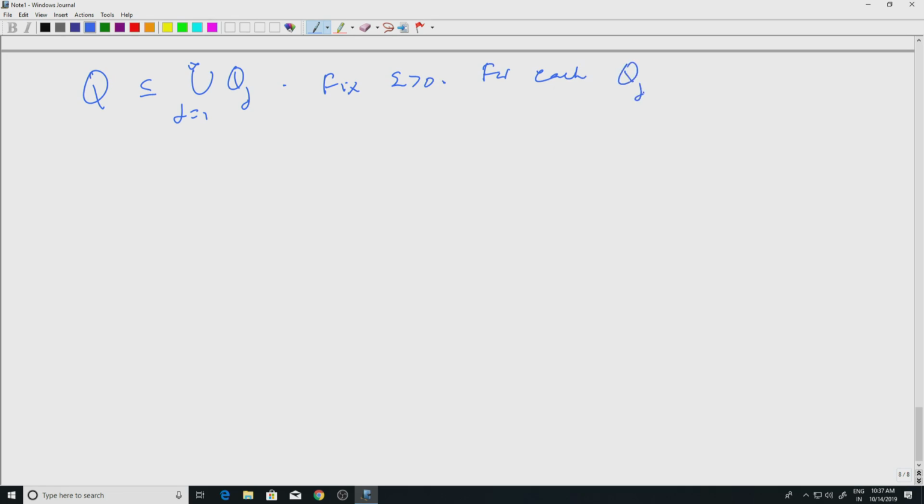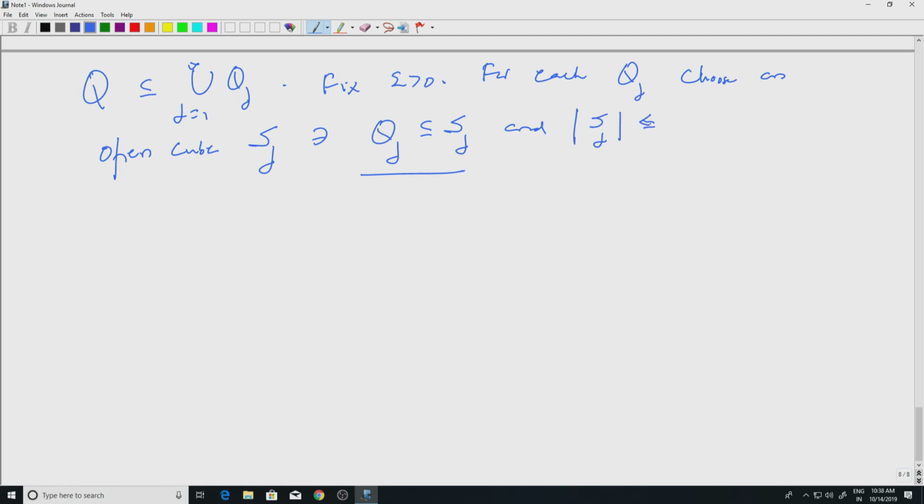For each Qj, choose an open cube Sj such that Qj is contained in Sj, and the volume of Sj, which is simply the product of the lengths of the sides, is less than or equal to 1 plus epsilon times mod Qj.